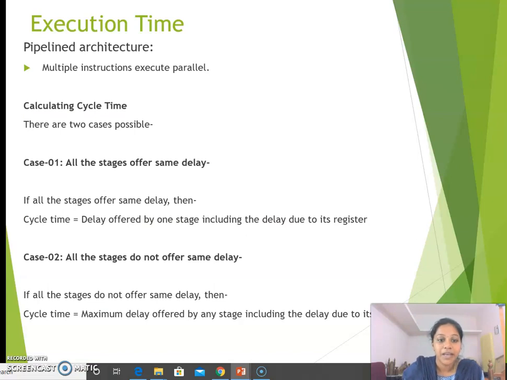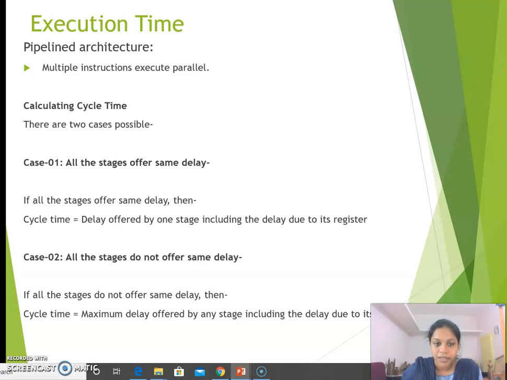In a pipelined architecture, how is the execution time calculated? For calculating each cycle time, we need to consider two cases. In the non-pipeline architecture, we don't have any latches between the stages of the data path.